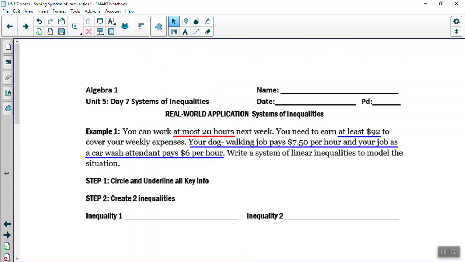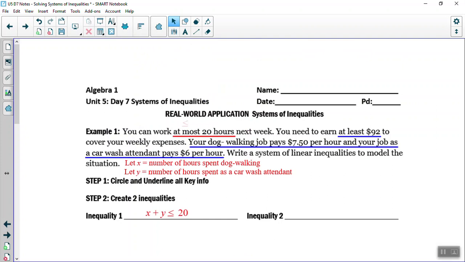All right, well, first we need to pick variables. So I'm going to pick x and y. I'm going to let x equal the number of hours I spend dog walking, and I'm going to let y equal the number of hours spent as a car wash attendant. All right, so my total number of hours is just going to take adding up the number of hours spent dog walking to the number of hours spent as a car wash attendant.